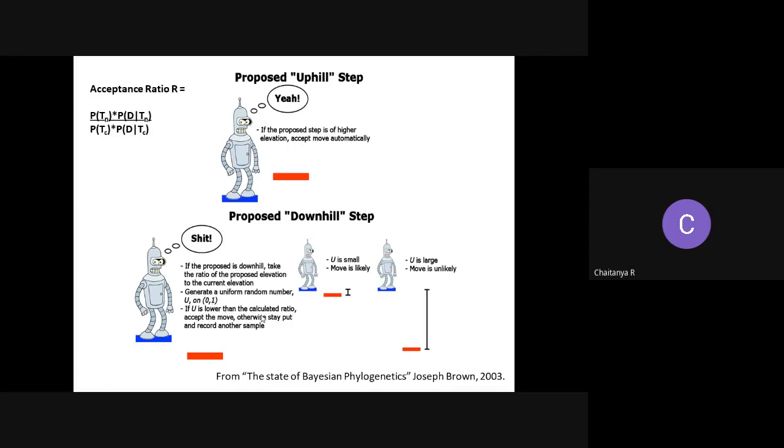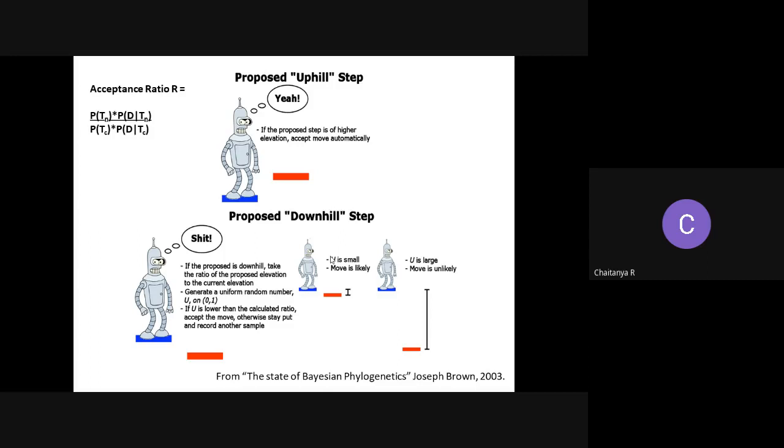Now, if 0.85, which is my acceptance ratio, is greater than the random number that's been picked, then I will make the move, even if the move is downhill. However, let's say I pick 0.95 as the random number. Now my acceptance ratio is less than 0.95, so I will not make the move.